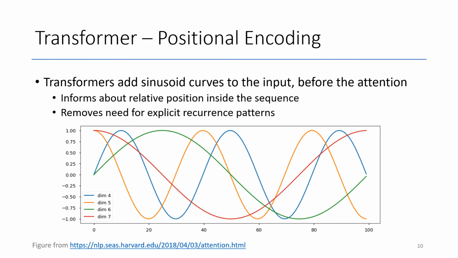Coming back to the positional encoding that I mentioned earlier, the initial transformer used sinusoid curves, and those look like that.